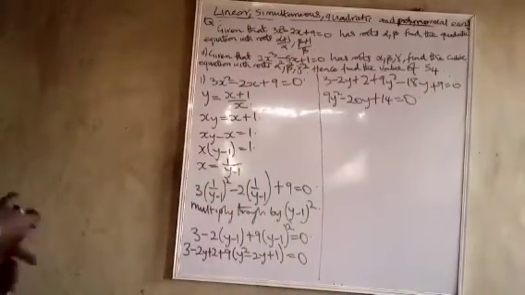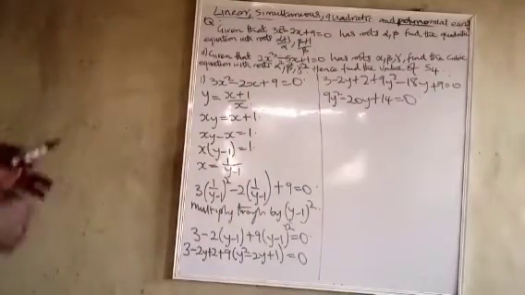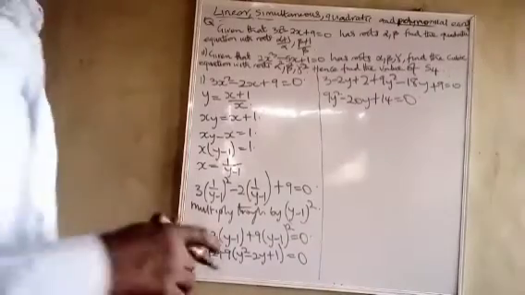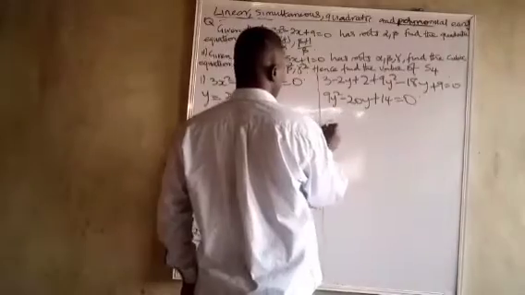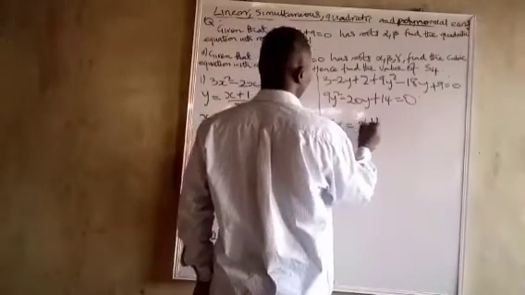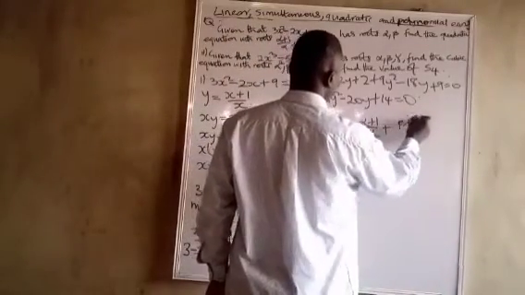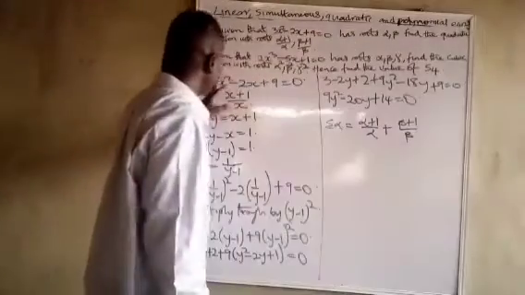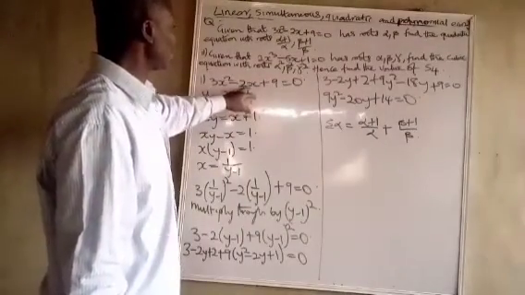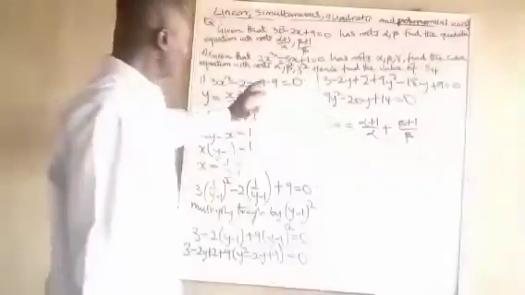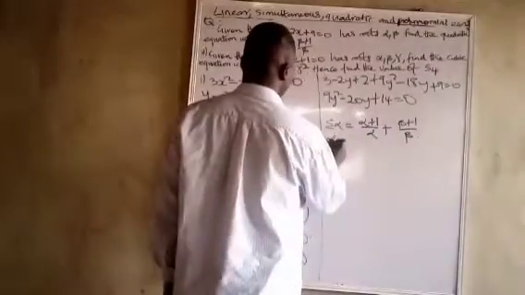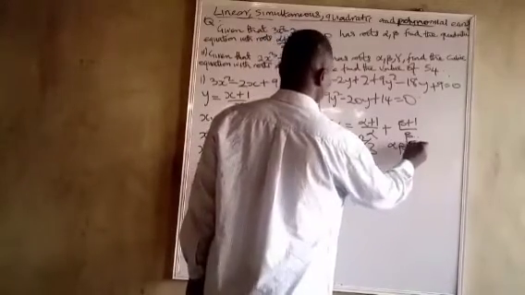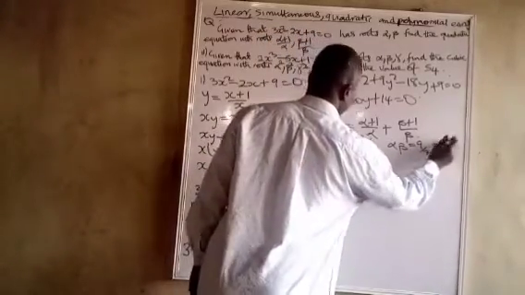You can also use the other method of adding the roots and multiplying the roots to find it. So you can find the sum by saying alpha plus 1 over alpha plus beta plus 1 over beta. From the equation, you know that alpha plus beta is equal to 2 over 3, and alpha beta is equal to 9 over 3, which is 3.